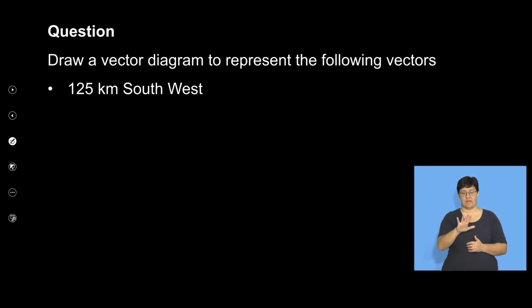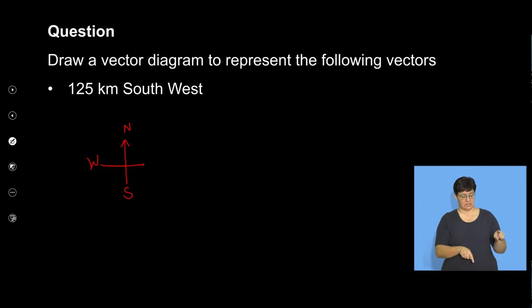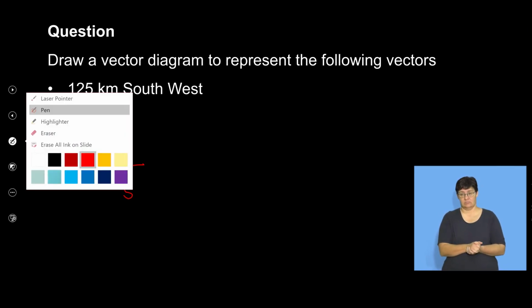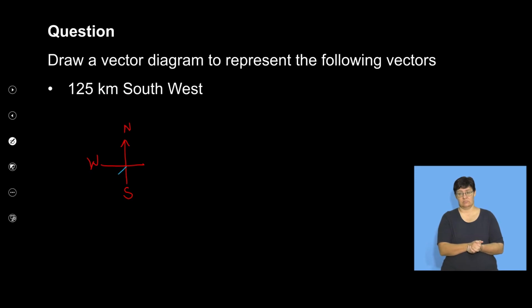125 kilometers southwest. So again, here's north. Now this is southwest. Here's south, there's west. So it's going to be in the middle of those two. This time, my vector is now going to go over there, and it's halfway, and that's 125 kilometers.